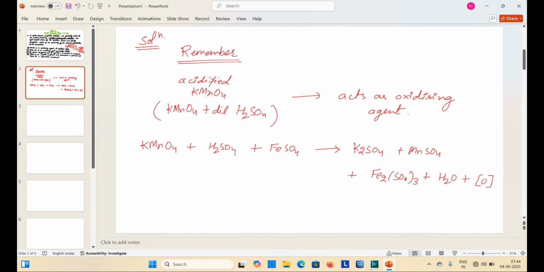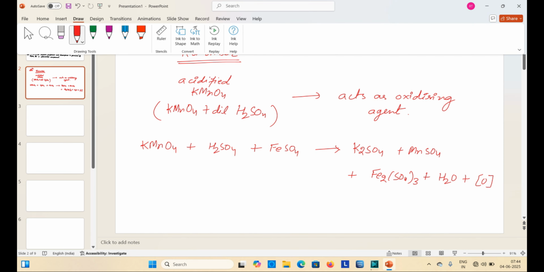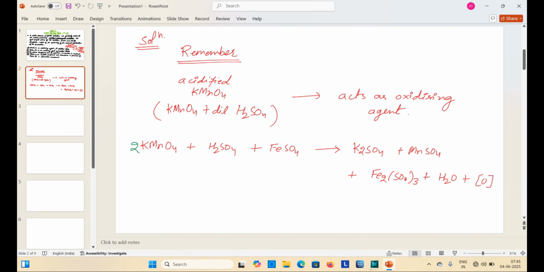So this is the reaction which will take place here, and since it is not balanced, K is 2, so you will make 2 KMnO4, and Fe is 2, so 2 FeSO4. Now SO4, how many SO4 are there? 3.